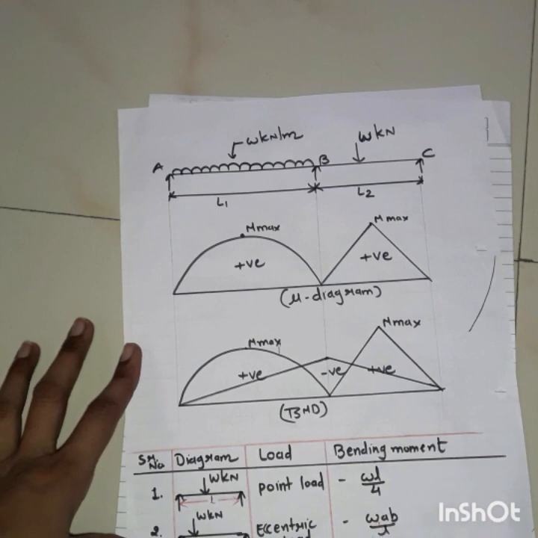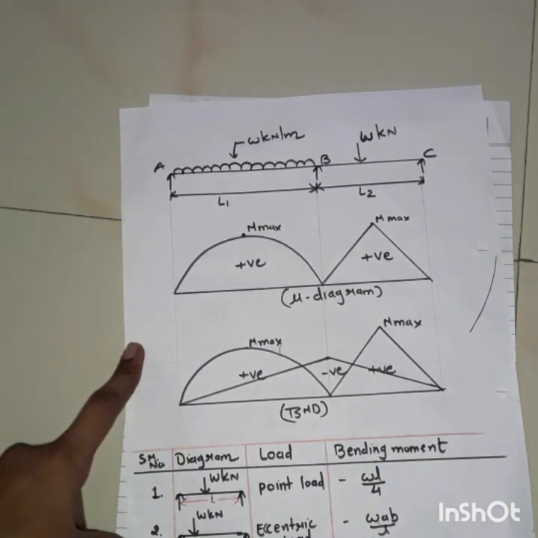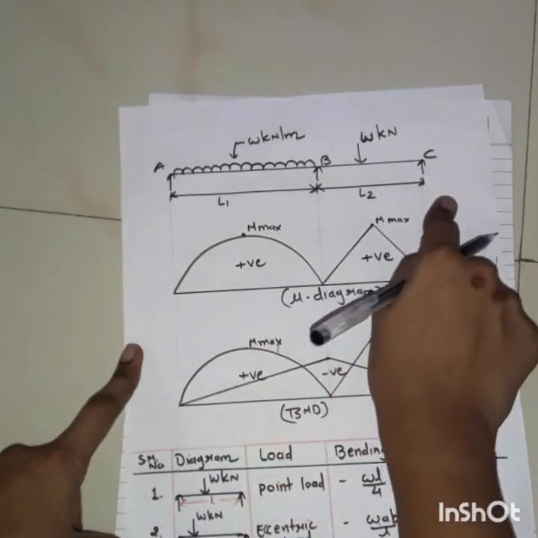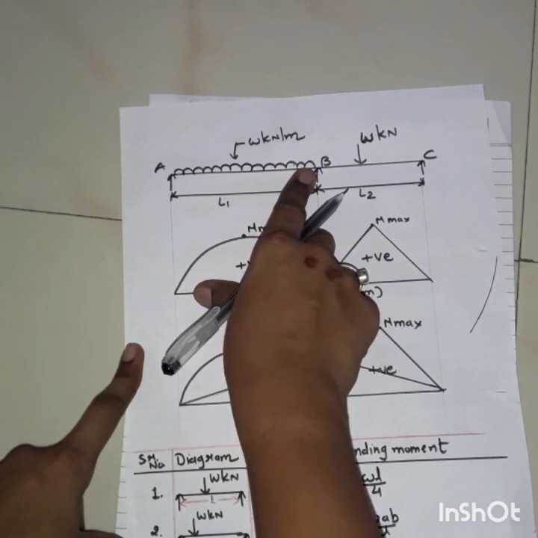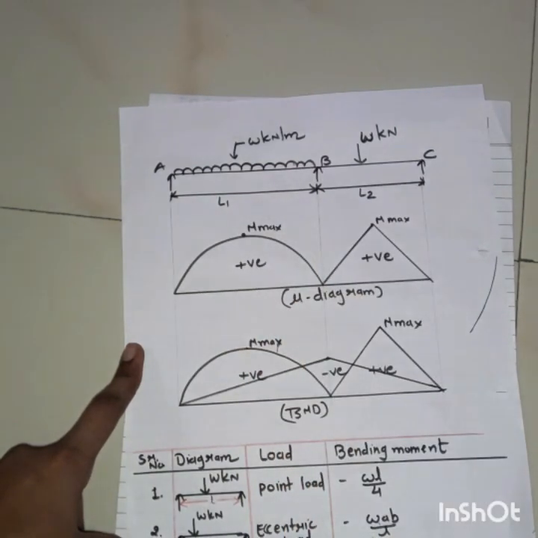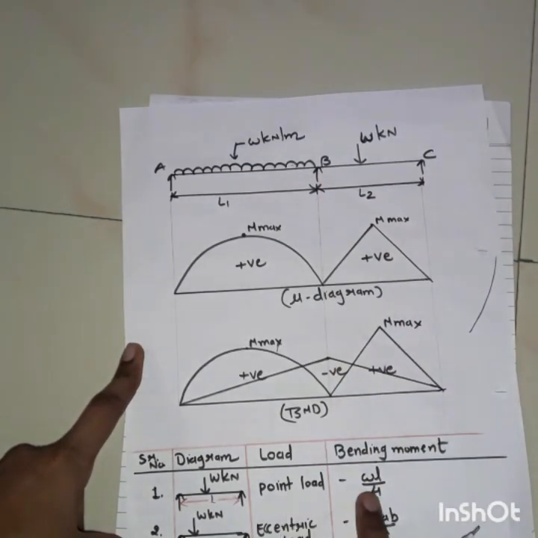From these three formulas you can easily find the bending moment of the two spans. Here the UDL is given, so apply the formula WL square divided by 8. For span BC, apply the point load formula WL by 4.